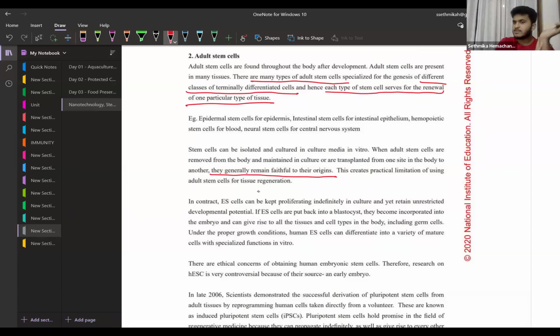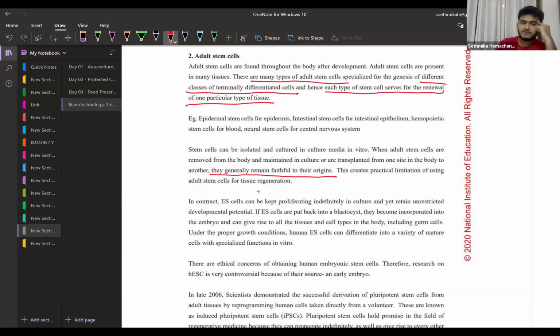If you extract hemopoietic stem cells from the bone marrow and put them into the damaged epidermal area, the epidermis is not produced. These hemopoietic stem cells will only produce blood cells, only red blood cells or white blood cells or platelets. That's what they mean by they generally remain faithful to their origins.